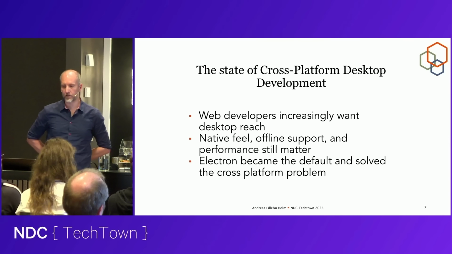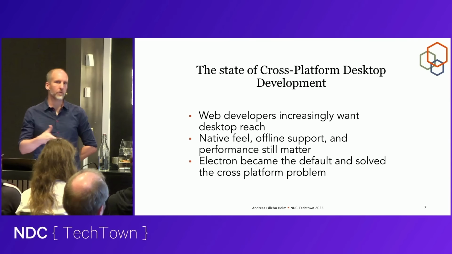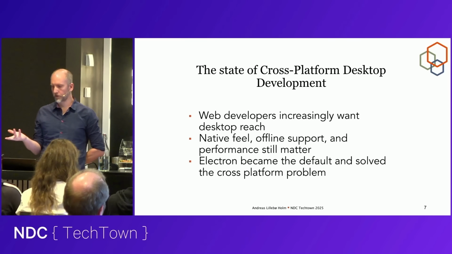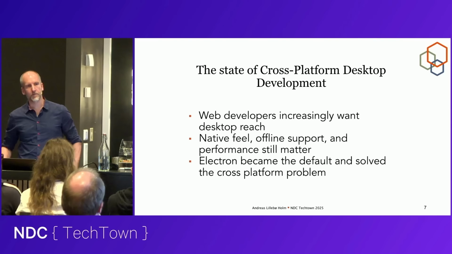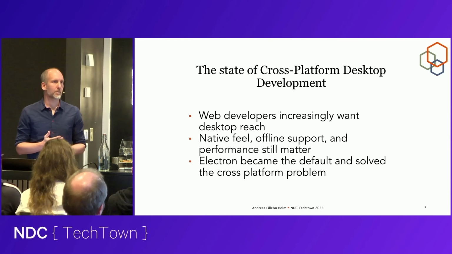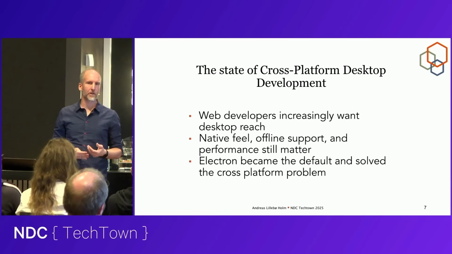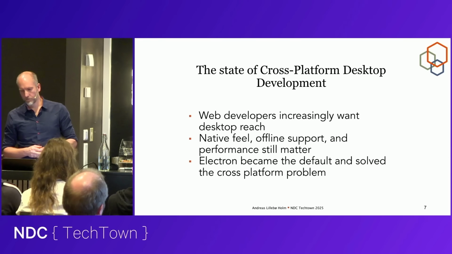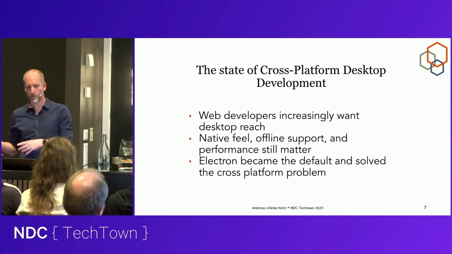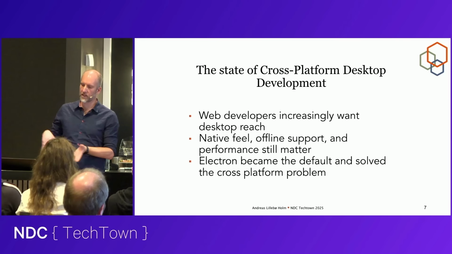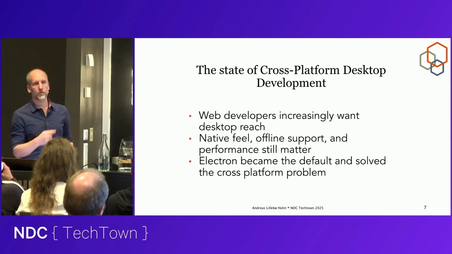Over the years, Electron became the default and stepped in to solve cross-platform development. I think it came in at the right time, and it became the standard just because it provided the solution. That's why it has gone into this default mode where, oh yeah, you need cross-platform development?